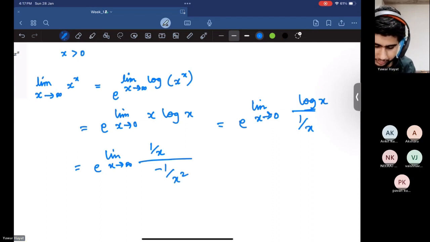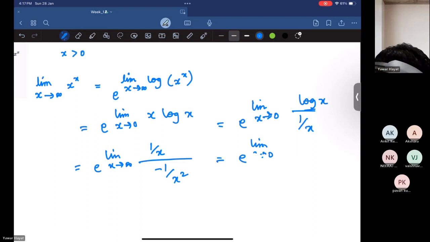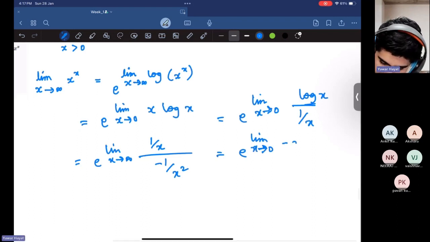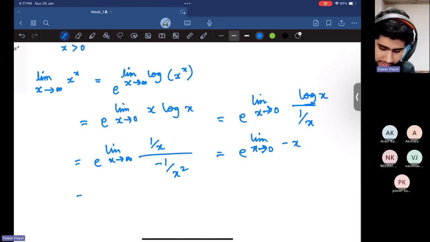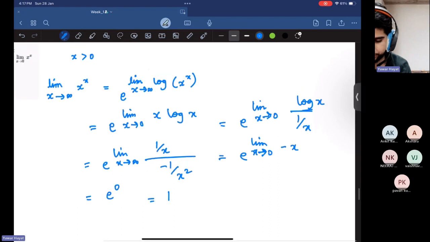And this is nothing but e to the power limit of x tends to 0 of minus x, right? And that is e to the power 0, which is nothing but 1.